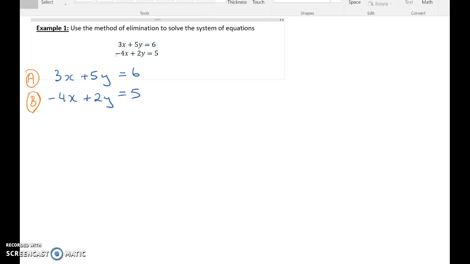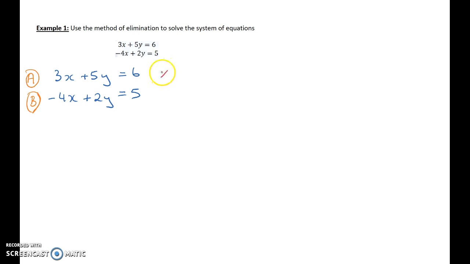Step two is to multiply everything in equation A by whatever is in front of the x from equation B. That's negative 4, so everything in the top line we multiply by negative 4.